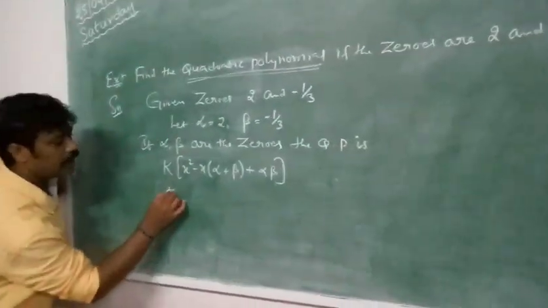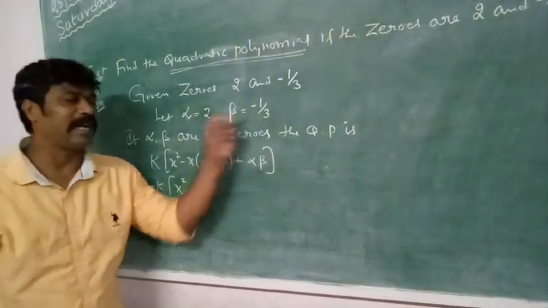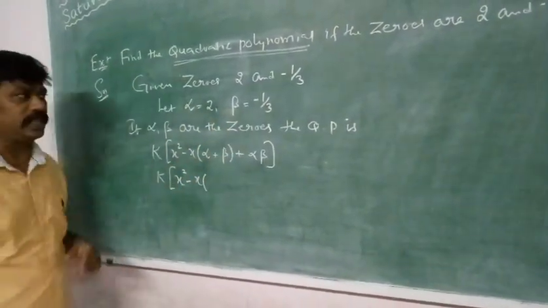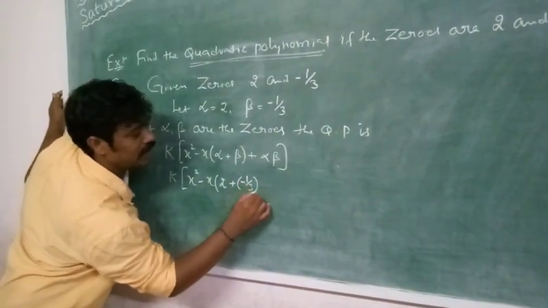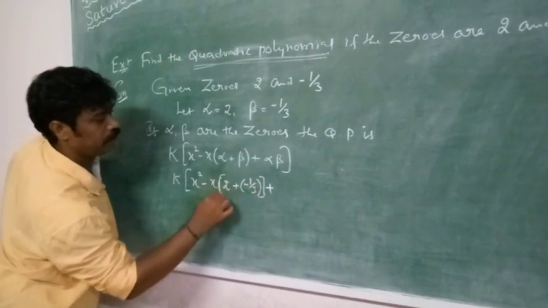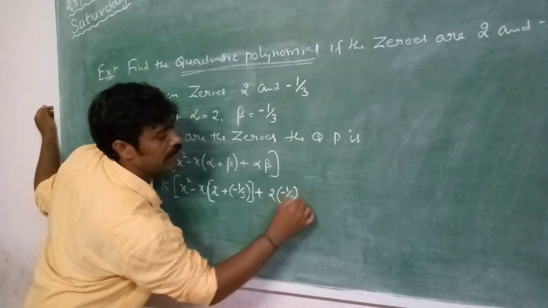Now what is given? Alpha beta values are given. So just substitute in this. So what will we get? 2 plus of minus 1 by 3 plus alpha beta. Alpha beta is nothing but 2 into minus 1 by 3.